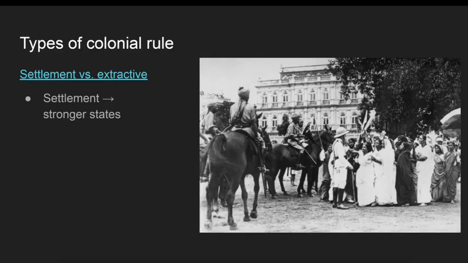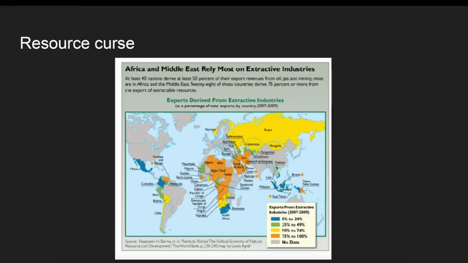But states like that were able to take that existing infrastructure and build on it as they became independent, versus if you had a colonial power who was really extractive, just took all of the resources, didn't settle anybody on that land. When you became independent as a state, you were really at a severe disadvantage because you had to build everything from scratch. So that's another variation of this argument that whether you were a former colony or not influenced your ability to become a strong state.